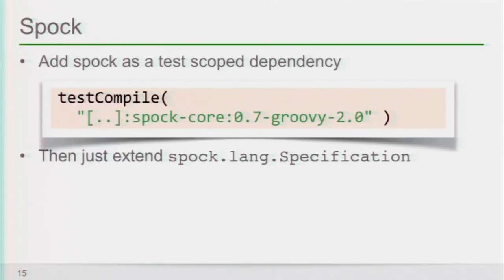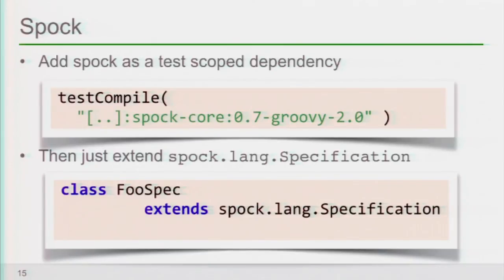If you've got large Java teams, you get people into Groovy without forcing it on them right into a production scenario, which some folks may be uncomfortable with if they've not used Groovy before. So you just extend Spock specification, create a spec, write your specs, and yeah.